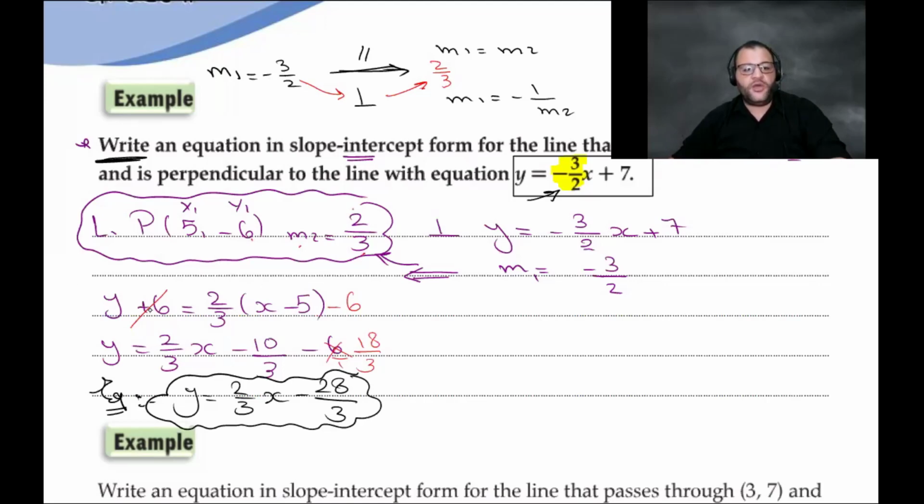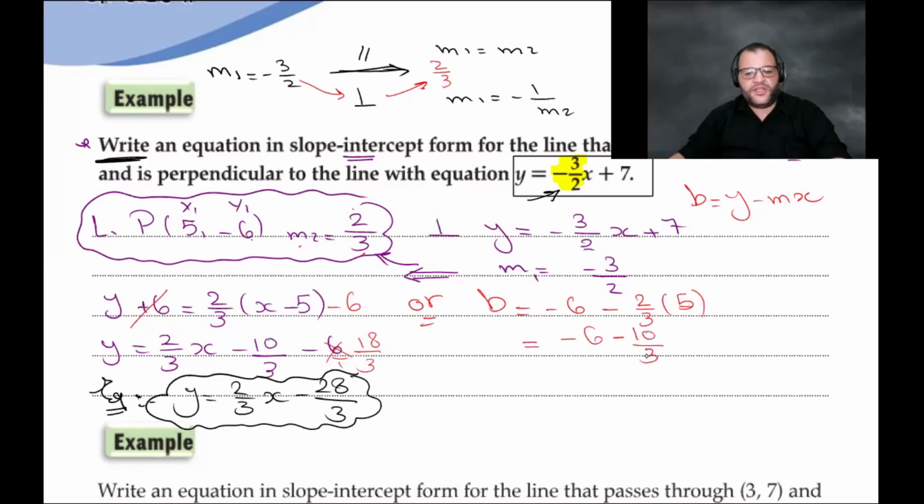Then we can find the equation by using point-slope form, or we can find it by using b. What is the formula for b? b equals y minus mx. So that's x and that's y. So it will be negative 6 minus M, which is 2 over 3, times 5. So it will be negative 6 minus 10 over 3.